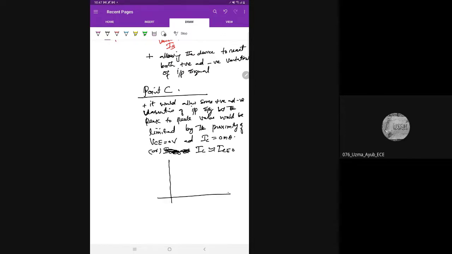This is another point. ये है हमारा दूसरा point, point C. So point C is somewhere here. Okay, this is point C. Now see, in point C, it will allow some variations. इसमें कुछ variations allow हो सकती हैं, लेकिन ये variations इतनी होनी चाहिए. देखिए यहाँ we know that close to point C there is saturation region also.